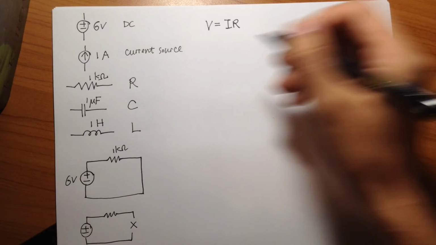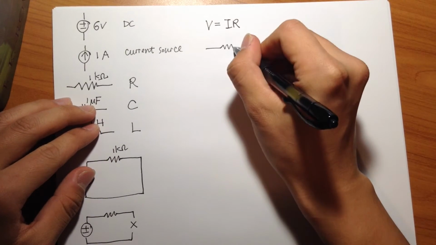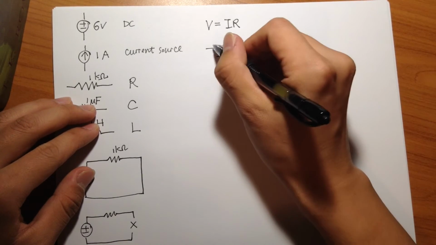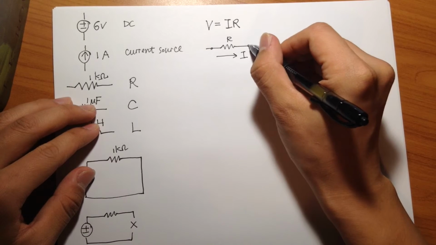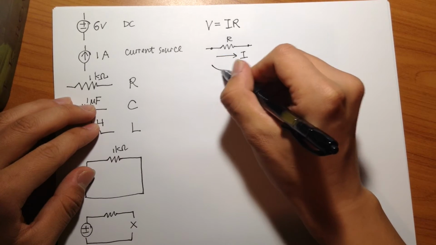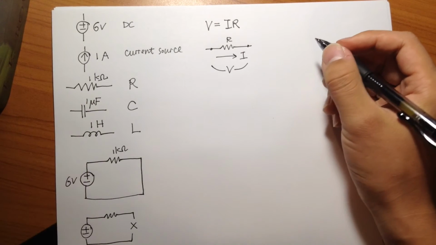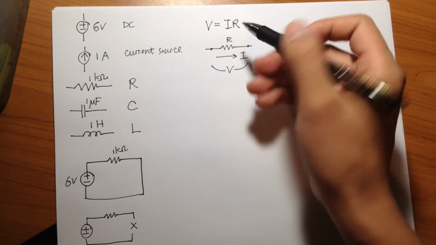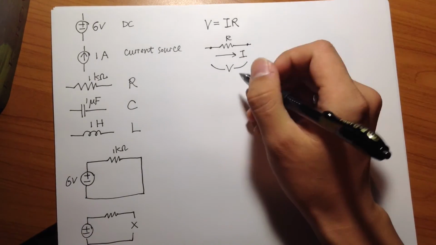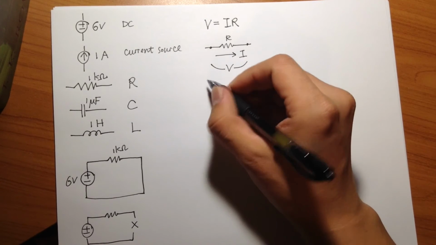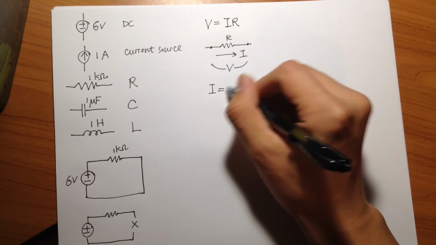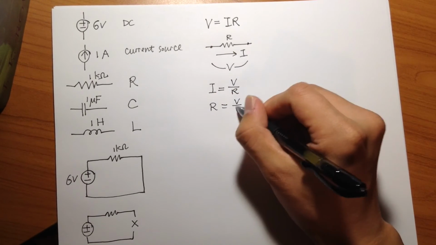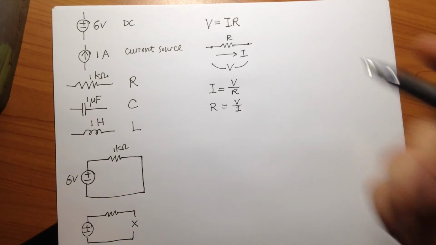That means that if you have a resistor and there's the current flowing through it, then the voltage across this resistor will be V. Again, V stands for voltage, I stands for current, and R stands for resistance. So with that, we can have different variations, like I equals V over R, and R equals V over I. It's just simple mathematic tweaks.